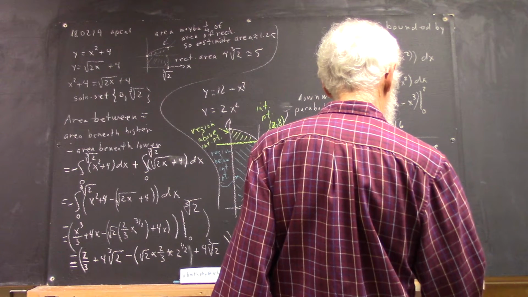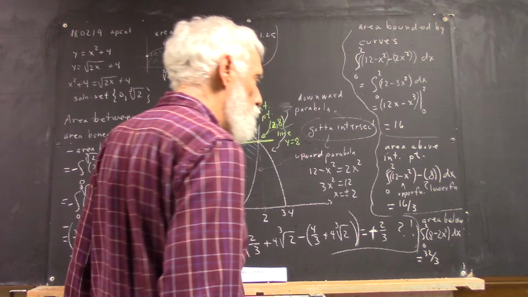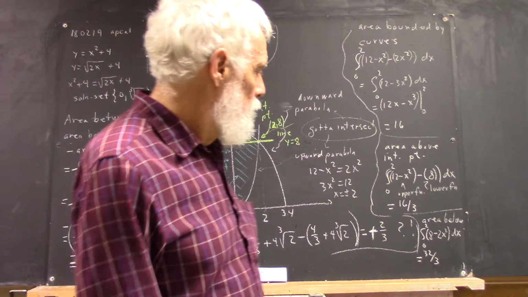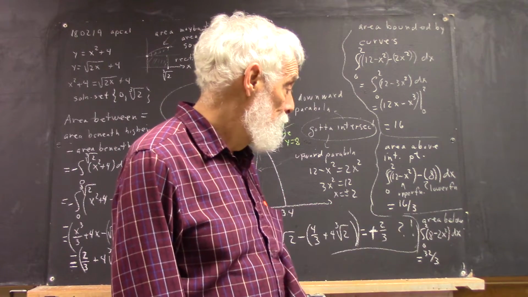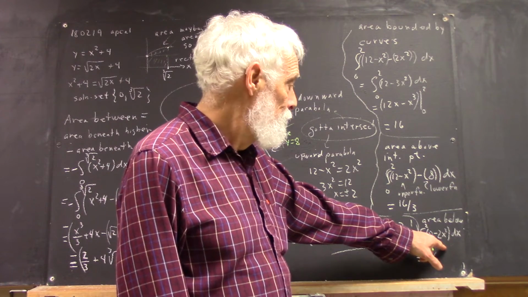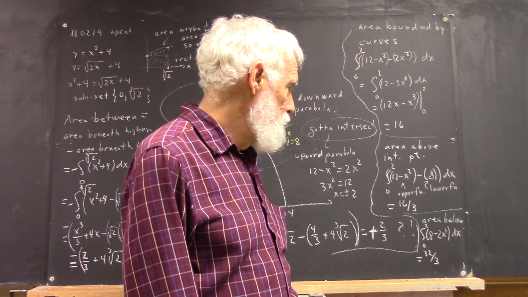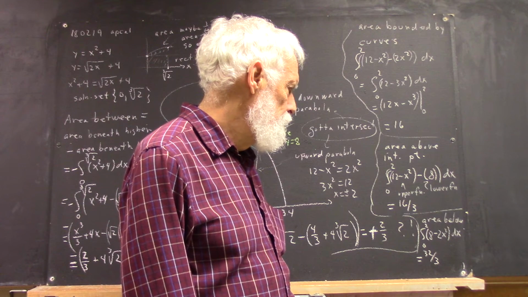And this is, I'll bet you, 32 thirds. Because what are you going to get? You're going to get 8x, that's going to give you 16. And then minus 2 times x cubed over 3 is going to be minus 32 thirds.